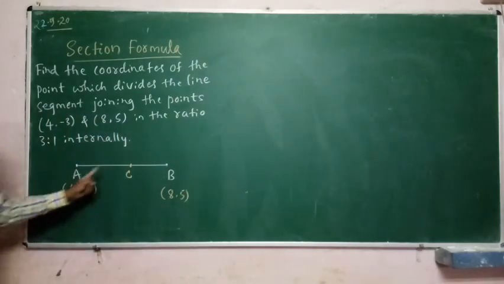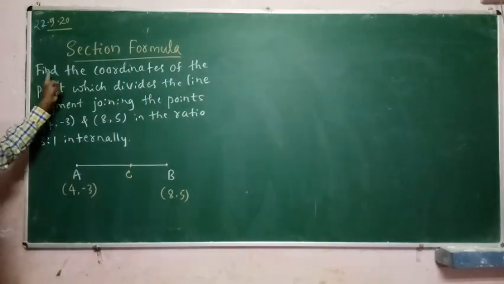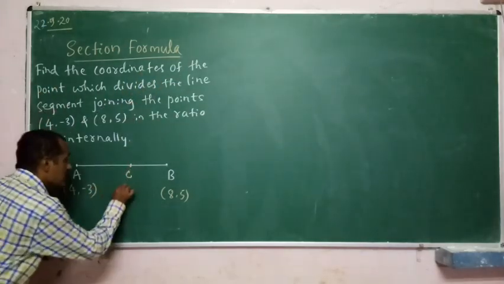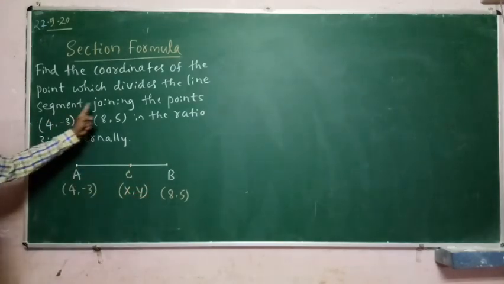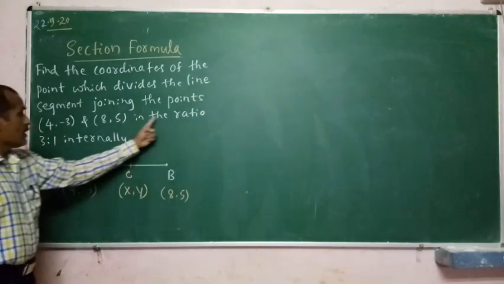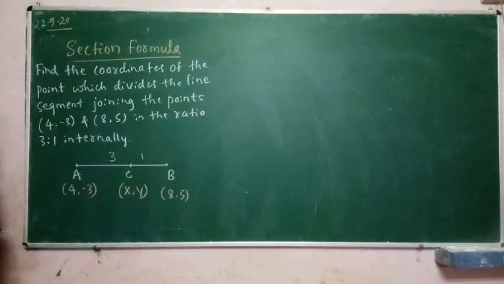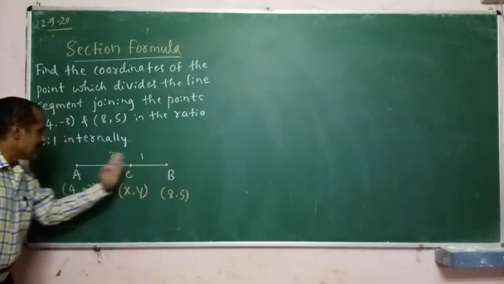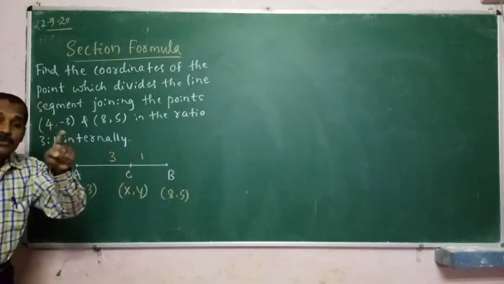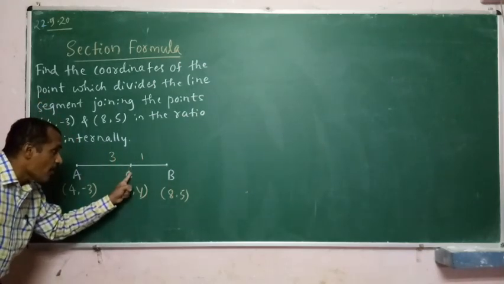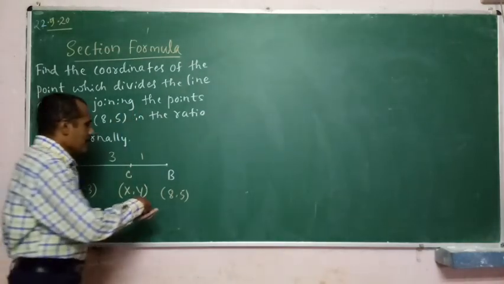Its coordinates have to be found, in the ratio 3:1. They have given you the line segment's coordinates and the ratio, and they ask you to find the coordinates of the point which divides the line segment. That's all. What will I do now?